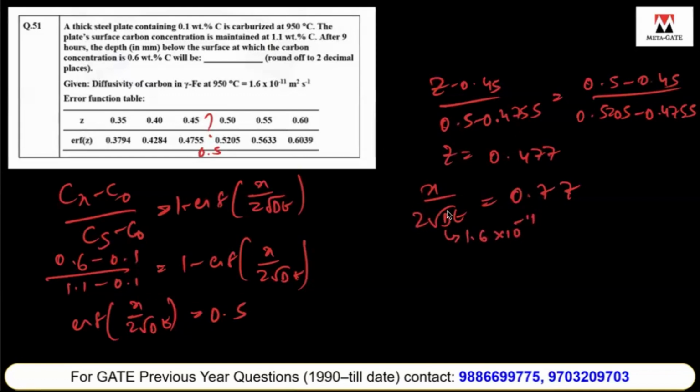And time is given as 9 hours. So 9 into 3600. So x is equal to 0.7 mm. So it is asked in mm, 0.7.